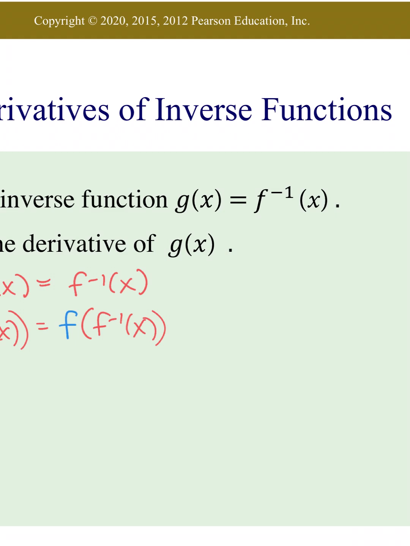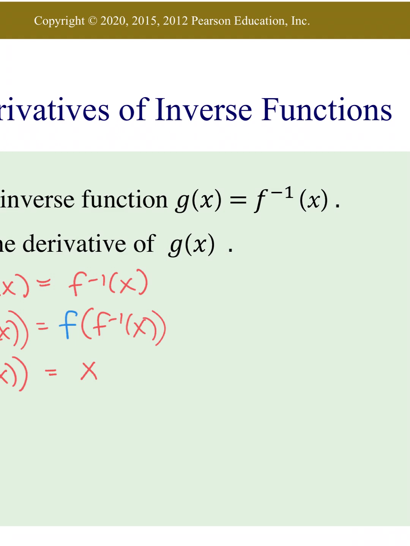How does that clean up the right side? What do f and f inverse do to each other? Right, and so I'm left with x. And then on the other side, I have f of g of x. Now I can do a derivative, because I have a derivative rule that will help me with my left side.